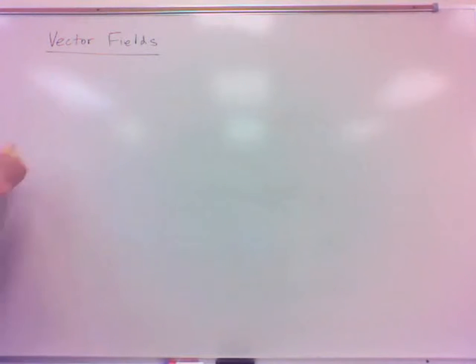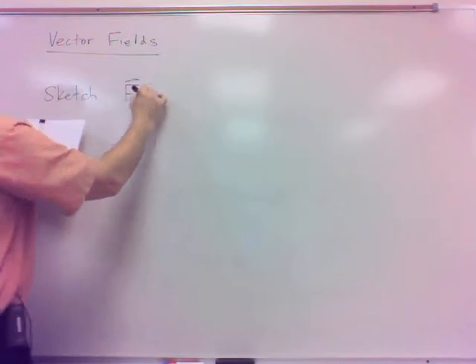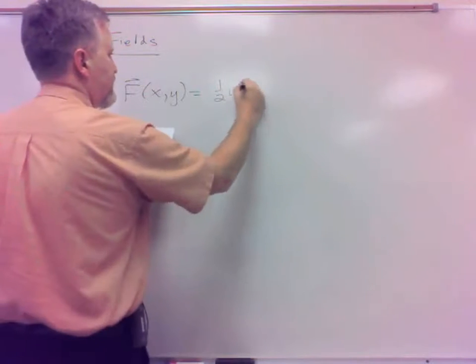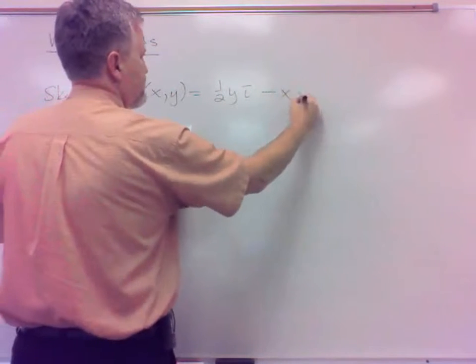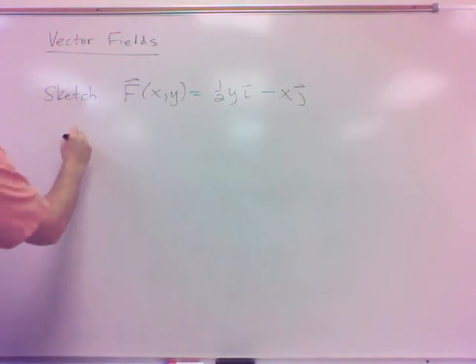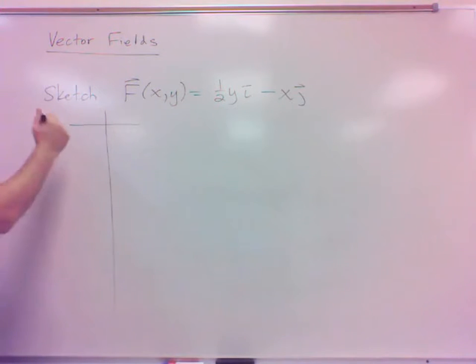All right, so let's sketch F(x, y) equals 1/2 y, the i component, minus x j. Okay, so if we do a little table here, maybe a long table.